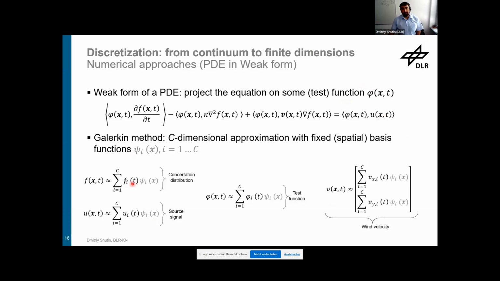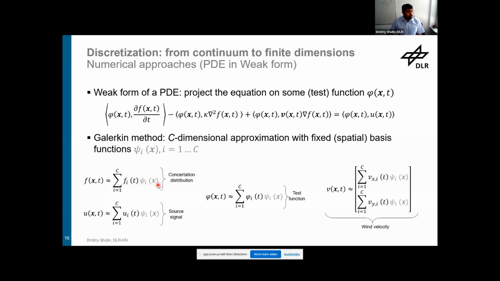And then often we apply a method which is called a Galerkin method, which effectively says, let's take our continuous functions in space and time and represent them or decompose them into a functional series. So this is where this Fourier idea comes into play, right? I want you to think about the Fourier basis, where psi are my basis functions, which again, I select, and the coefficients of these basis functions depend on time.